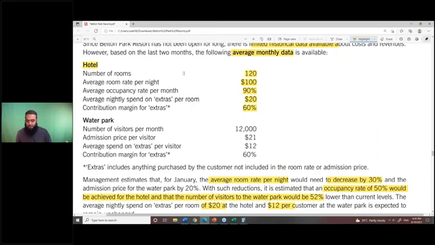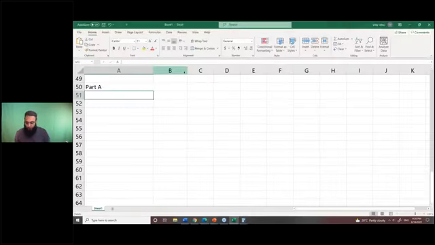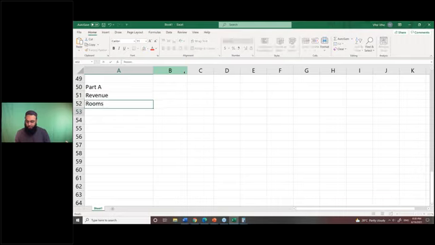Let's begin with the revenue first of all. My revenue is divided into two things. One is the revenue from the rooms, and then I have the extras as well. I'm talking about the income here.